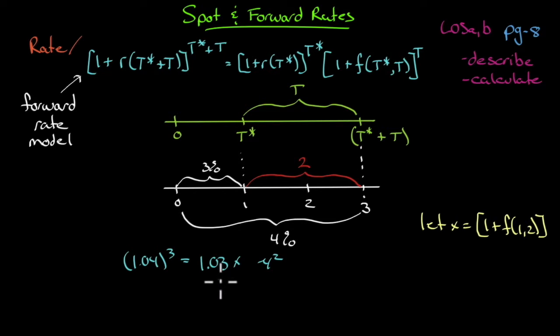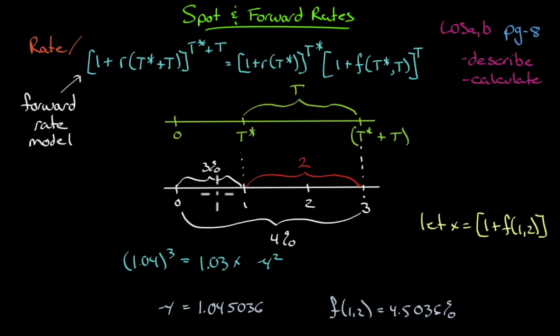So if you continue on with this, this is easy enough. You expand this, divide through by this, take the square root. You will get 1.045036. That will be x. X will equal that. But remember, I said let x equal this. So if you drop off the 1, F12 must equal 4.5036%.